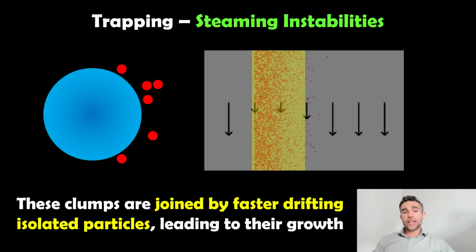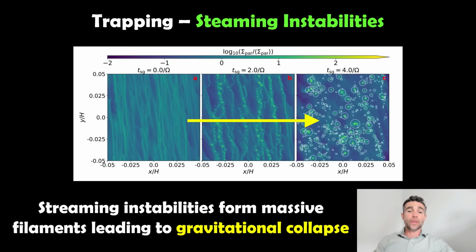So what happens here is these clumps are then joined by faster drifting isolated particles. So they join them, and it allows the particles to grow. Again, we're elevated above that critical size to get growth beyond the barriers.